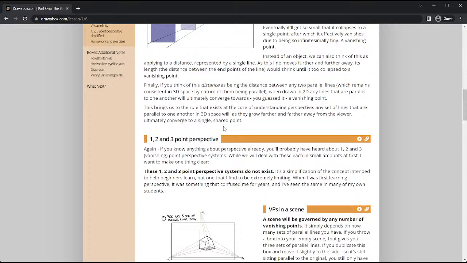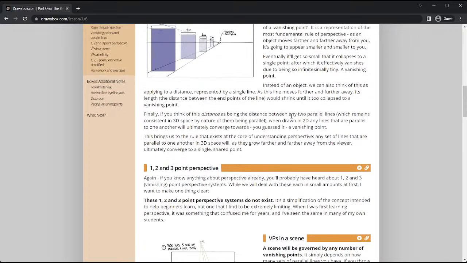This brings us to the rule that exists at the core of understanding perspective. Any set of lines that are parallel to one another in 3D space will, as they grow farther and farther away from the viewer, ultimately converge to a single shared point.